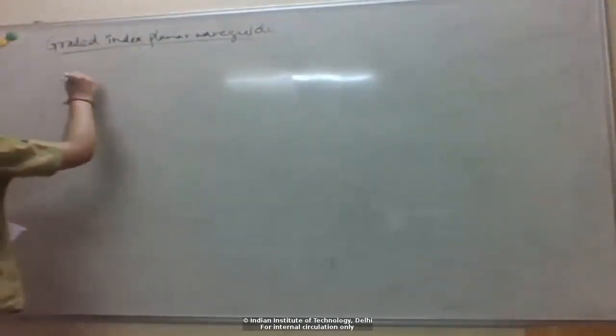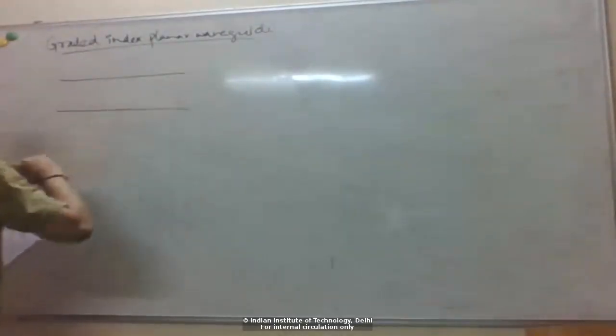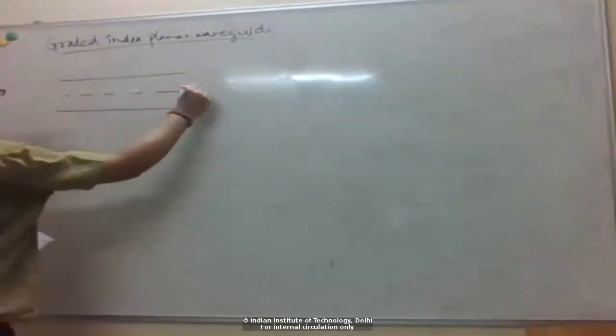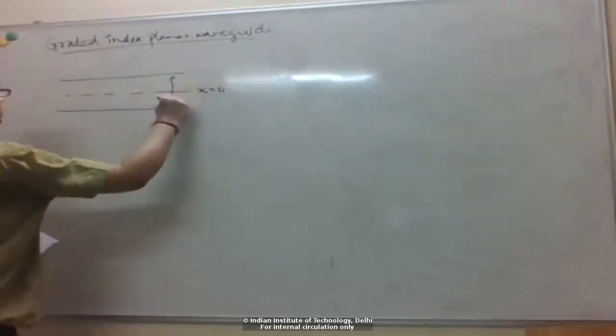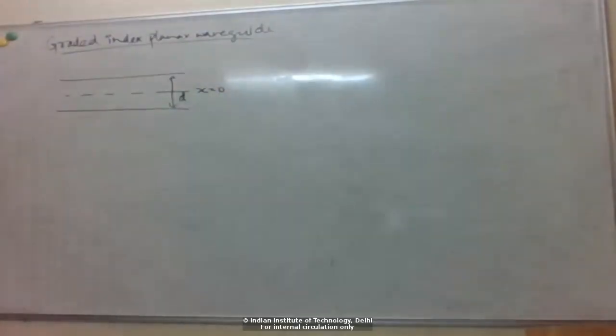Right, so imagine again you have some slab of thickness d, but now the refractive index is some continuous function. So this is n of x. For step index it is a constant, and then in the cladding it is some lower value.